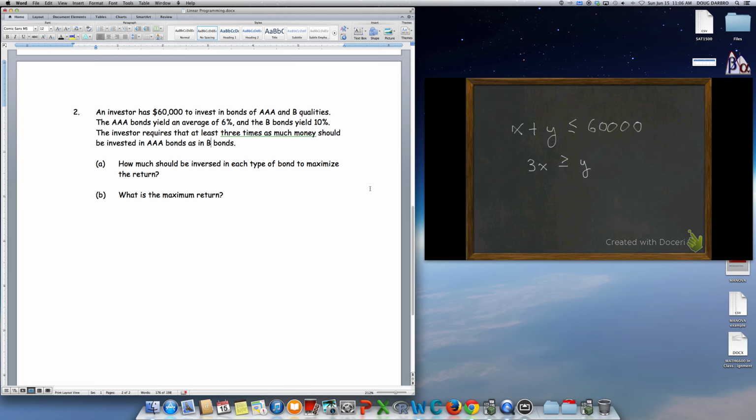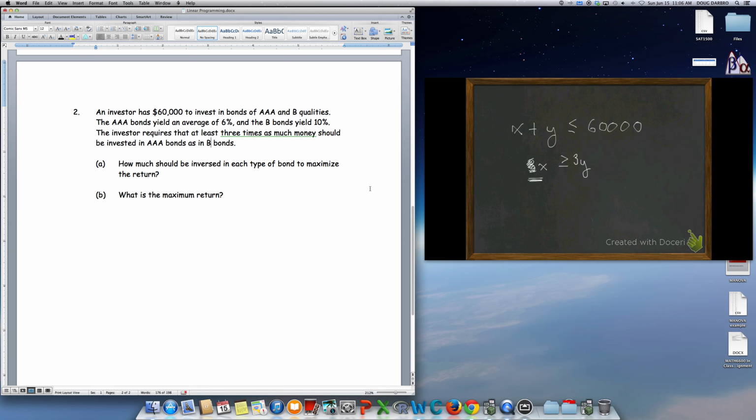So at least says that the amount in X has to be greater than or equal to. It's kind of like if somebody's at least 6 foot tall, it means they're 6 foot tall or greater. So when we say that the amount in the AAA, which is our X, has to be 3 times, it's so tempting to write that. And guys, that's wrong. That's not what we want here.